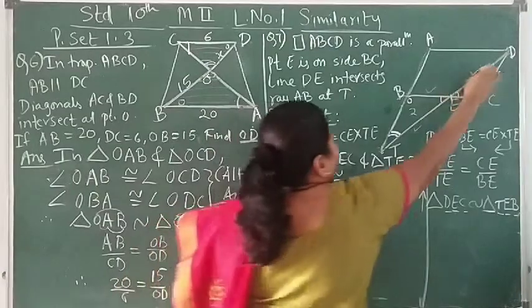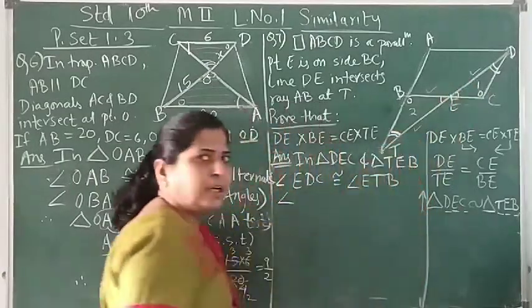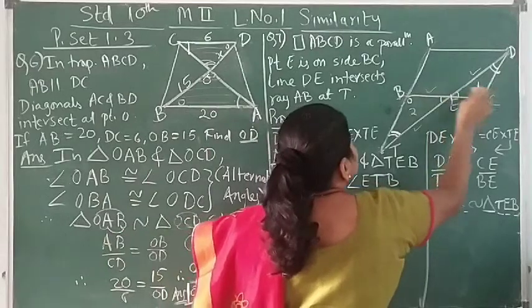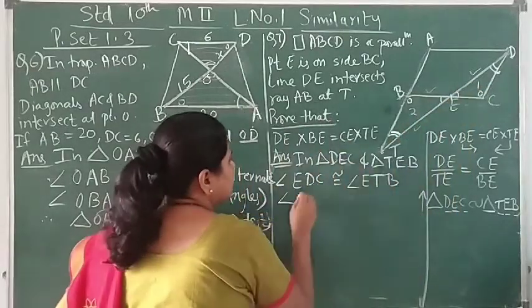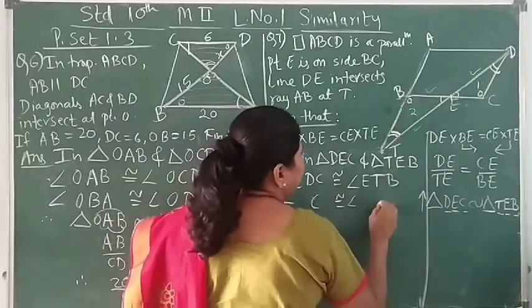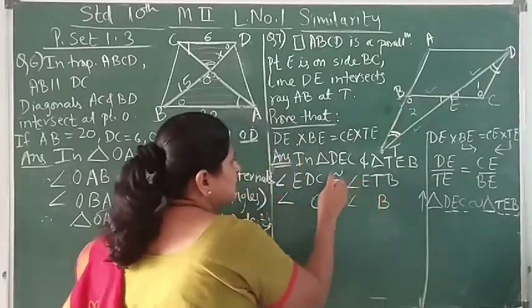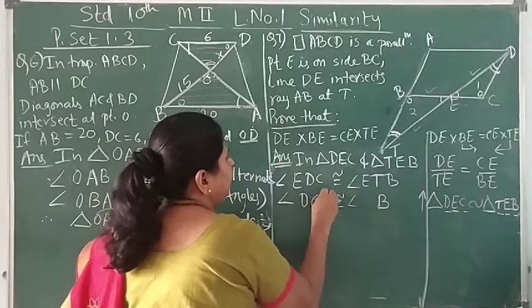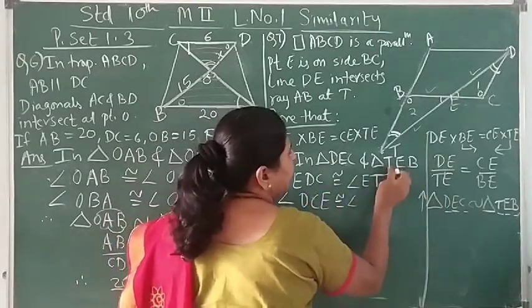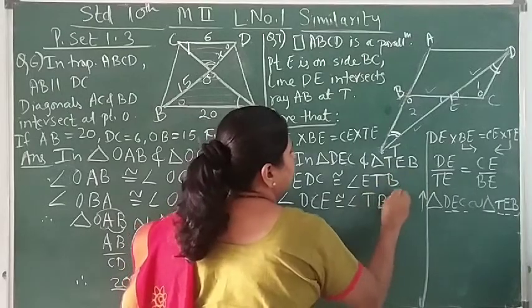Now D and T we have taken as a pair of alternate angles which are congruent, and one more pair which is alternate here, C and B. So angle C is congruent with angle B. Here we have taken C, so the remaining is DE. So the angle has become DCE. B we have written here in between, so TE. T here, E here.